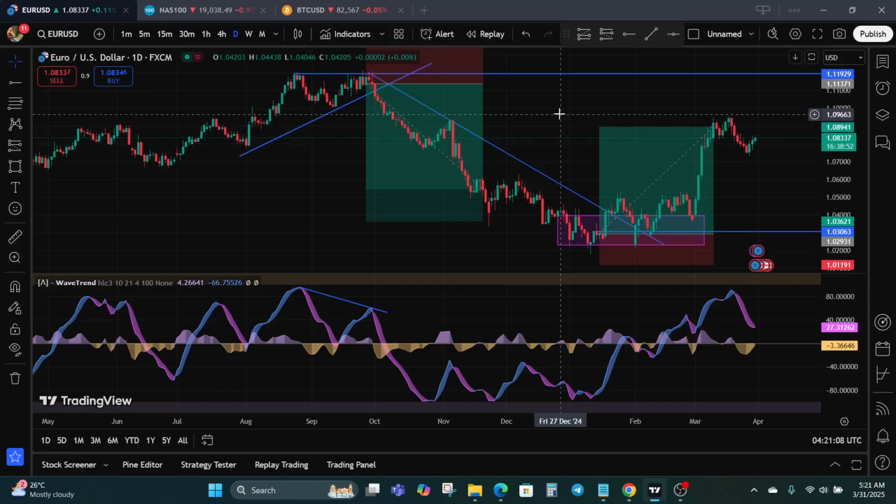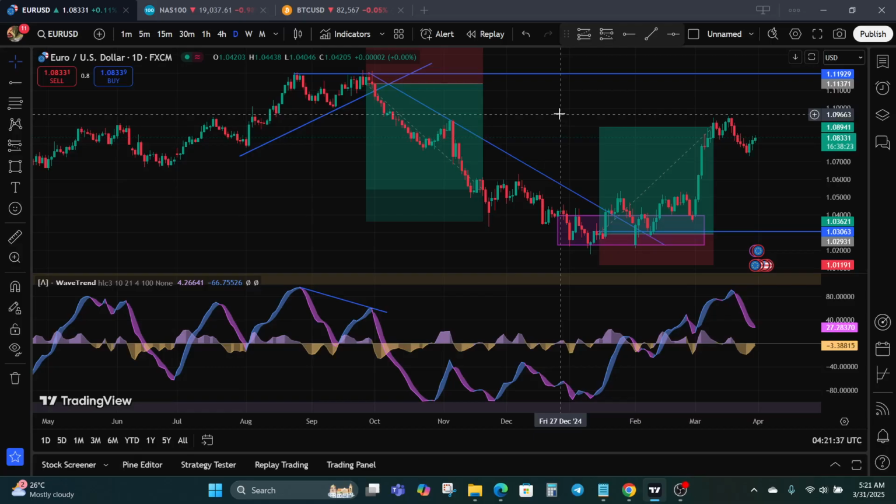Now here is why the enhanced wave trend oscillator is an effective tool that you would want to consider having in your trading toolkit. One, it spots high probability reversals with improved signal accuracy. Two, it filters out market noise, reducing false signals.